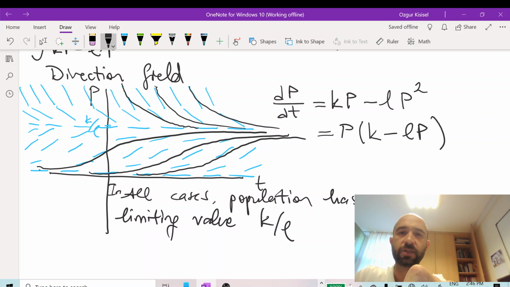So these constants in this equation are quite important then. Their ratio tells you what the limiting population will be, some physically interesting quantity.